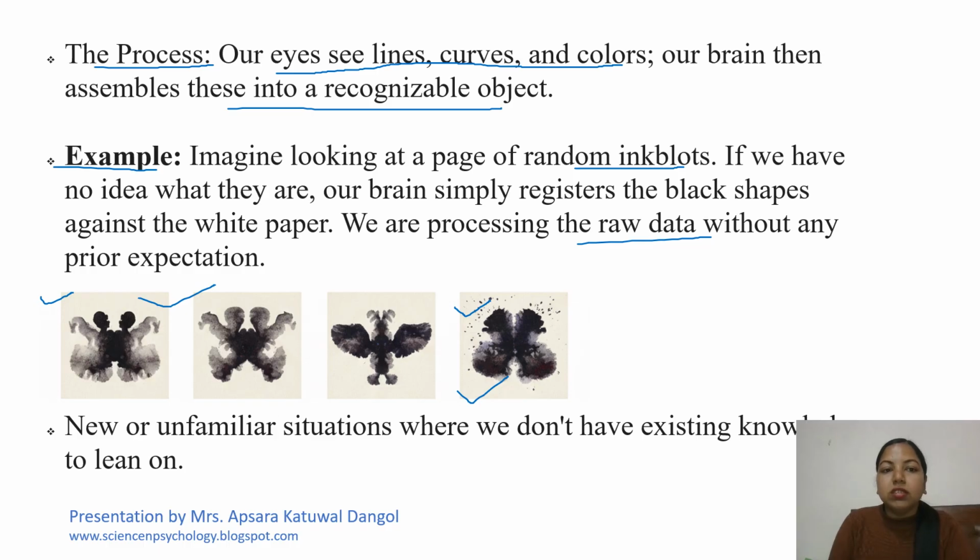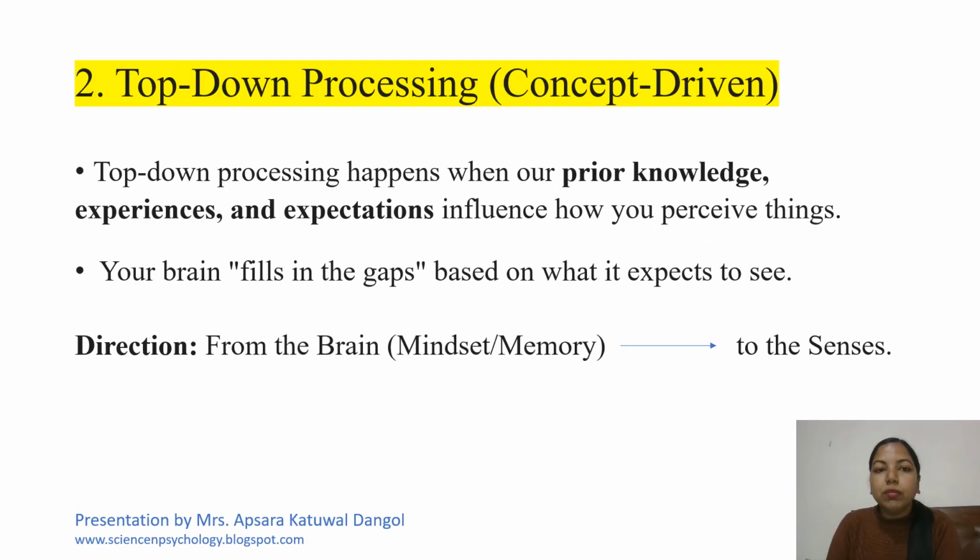So this bottom-up process is for a new or unfamiliar situation where we don't have existing knowledge to lean on. But on the other hand, top-down processing is concept driven. We have our prior knowledge, our experience, our expectations, and because of that, our perception is there.